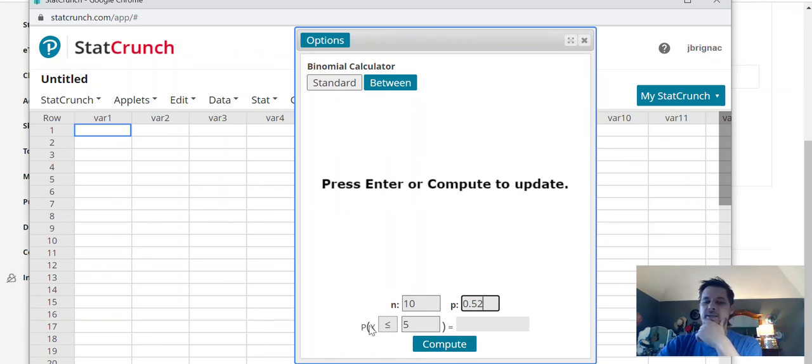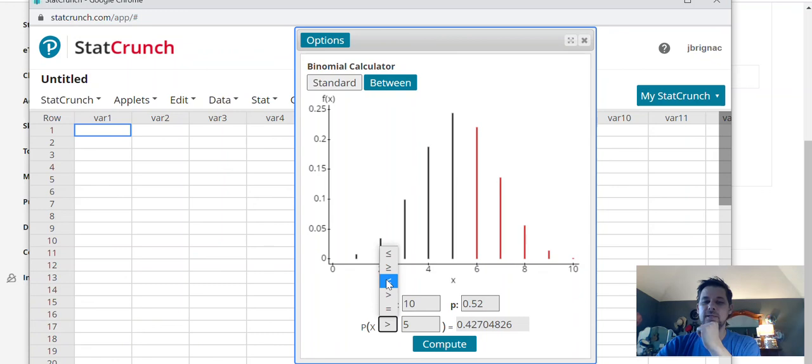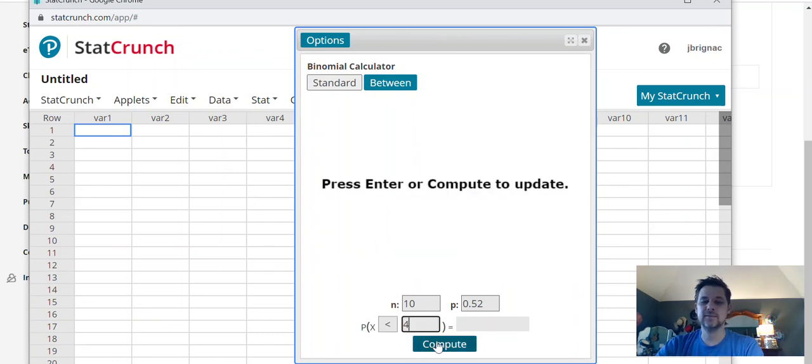And here's the probability part of it. The question I was just showing you was the probability of less than 4 successes, okay? So the probability that X, the random variable, is less than 4. See how I put that in and compute?